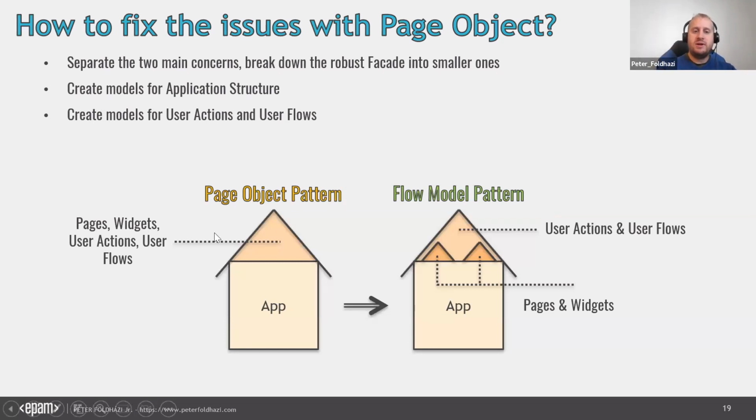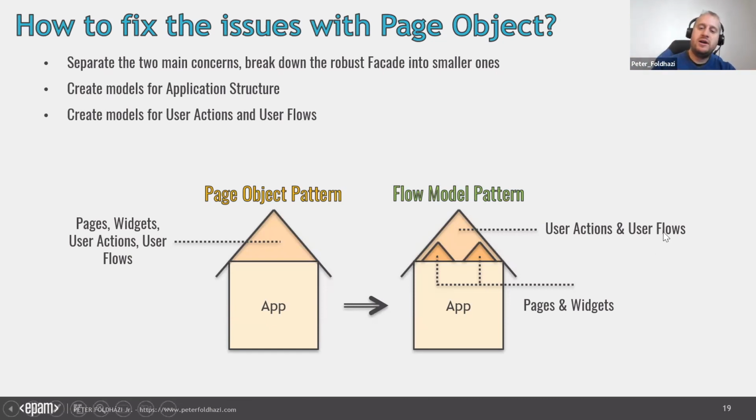If you think about the page object as a house which has a facade, just like the facade pattern, this facade is going to hide the pages and their widgets, the user actions, user flows, all the details, locators and elements. So everything is going to be in the same place. Now with the flow model pattern, it's going to look more like a double-faceted house: a big facade, and a cute little couple of smaller facades, maybe above the windows.